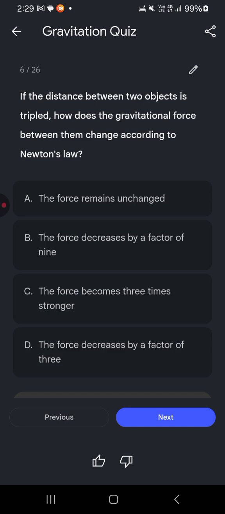If the distance between two objects is tripled, how does the gravitational force between them change according to Newton's law?